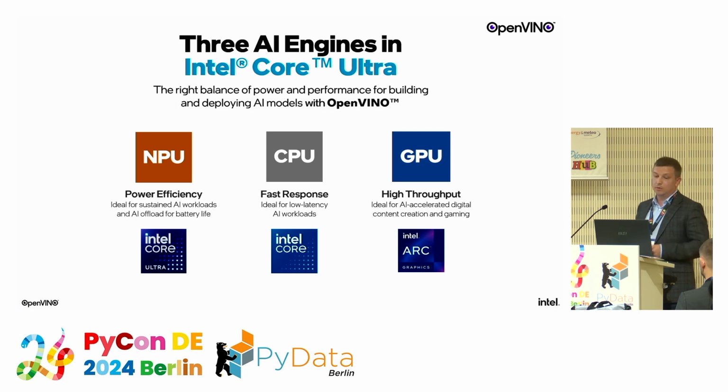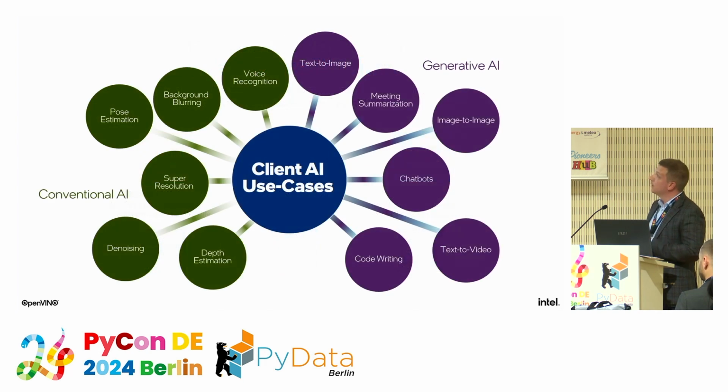All these engines can be programmed with OpenVINO. Adrian will talk more about that. I just would like to say here, we have multiple client AI use cases, and you can decide yourself which engine to use for which use case.